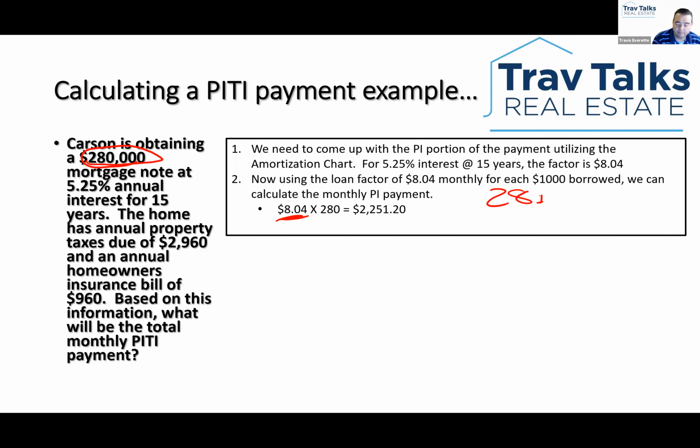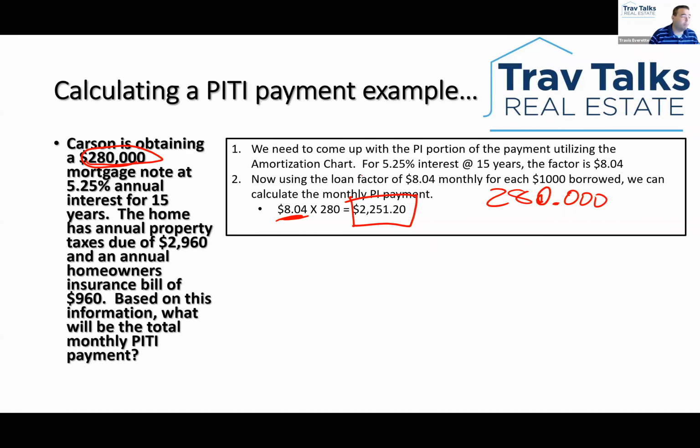Everybody okay with that? And that's a monthly PI payment of $2,251.20. Are we all feeling good with where that number comes from now that you know how to use the chart? Yes.